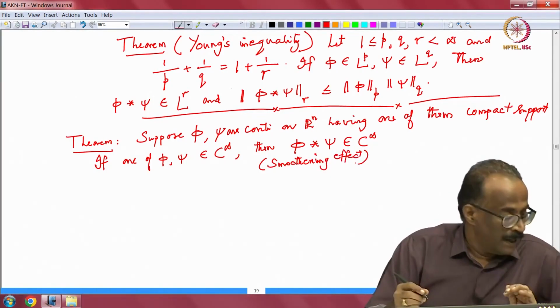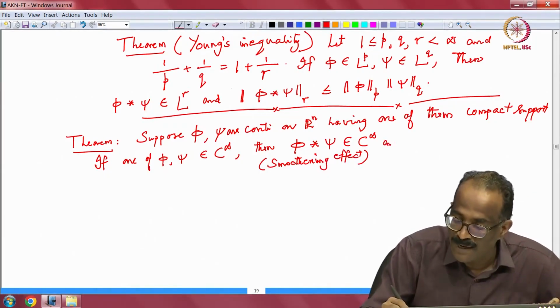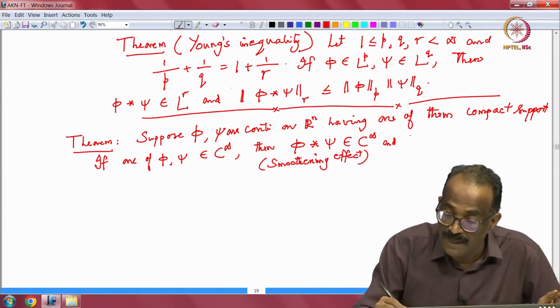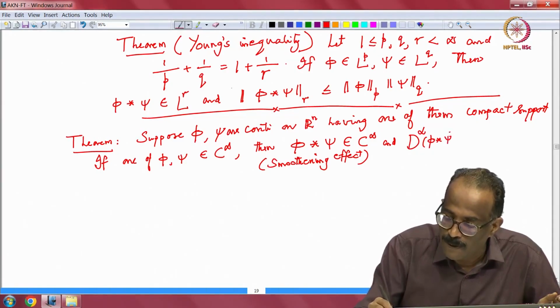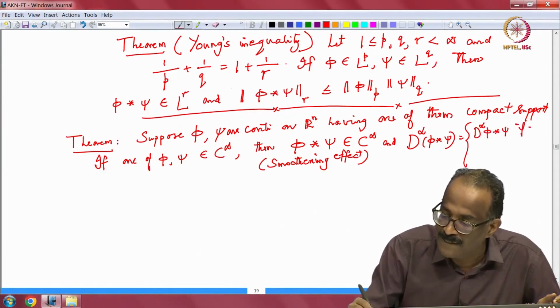Okay. And if phi is C infinity, you can compute d power alpha of phi star of psi, that will be d power alpha of phi star psi. It is enough to take it on one side, and it will be phi star of d power alpha of psi if psi is C infinity.